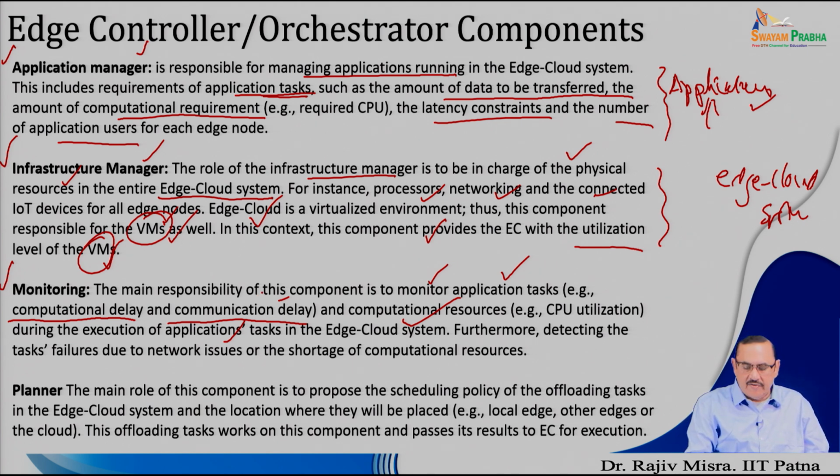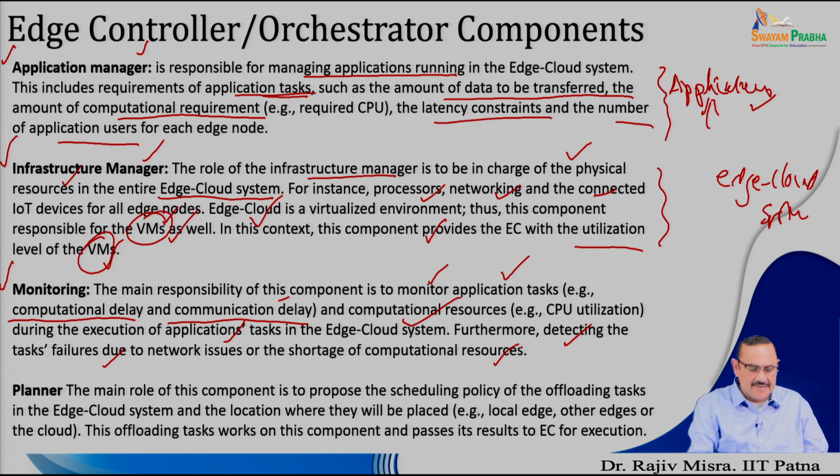Furthermore, the monitoring component of the edge controller is also used for detecting task failures due to network issues or shortage of computational resources. So, that all becomes part of the monitoring system.